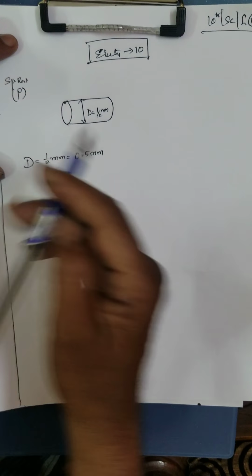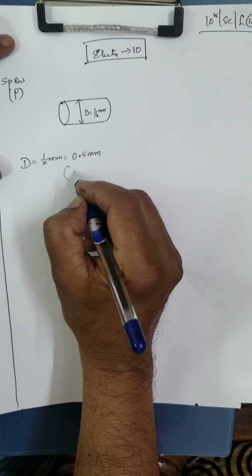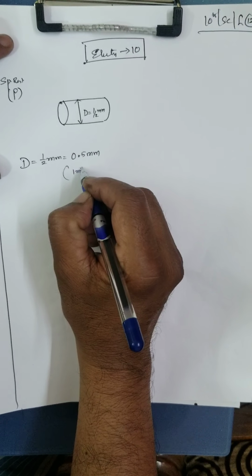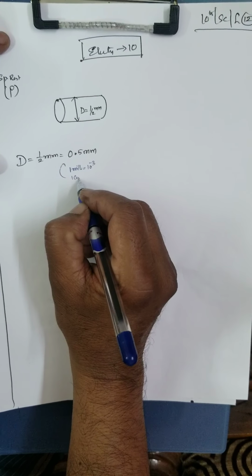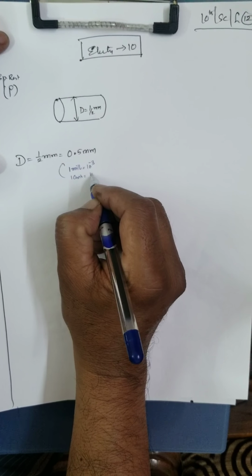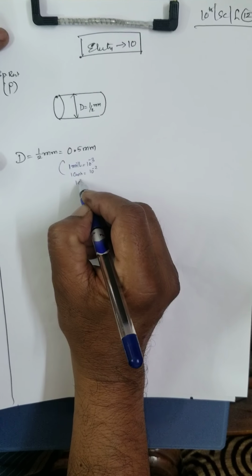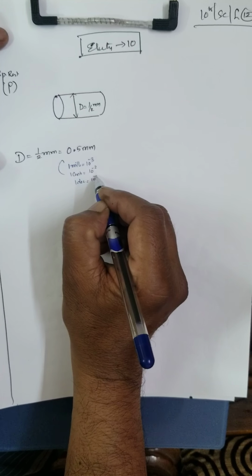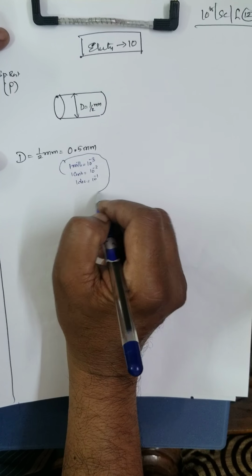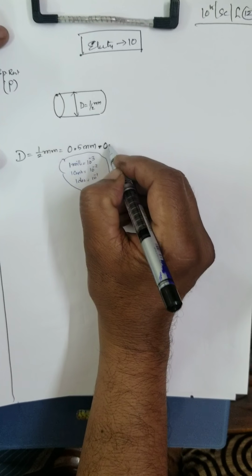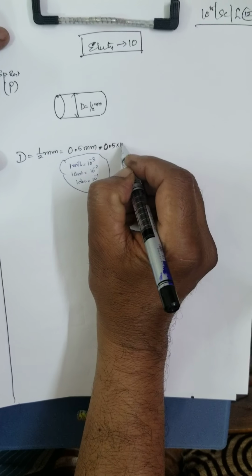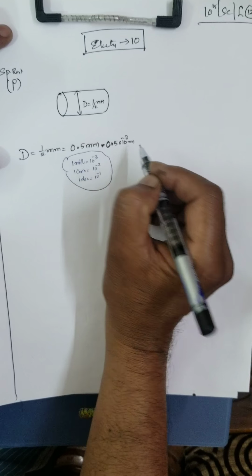Remember, 1 milli is 10 to the power of minus 3, 1 centi is 10 to the power of minus 2, 1 deci is 10 to the power of minus 1. Remember this. Therefore, here 0.5 millimeter is 10 to the power of minus 3 meter.